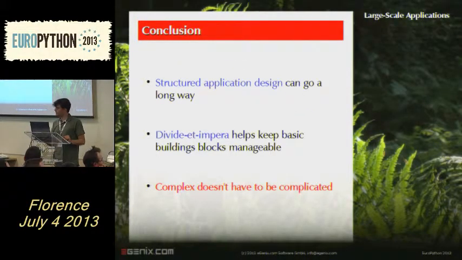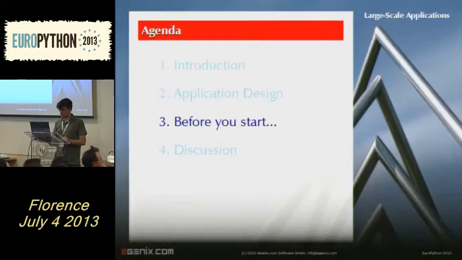So what's the conclusion? Structured application design can really help you. You can write complex applications rather easily. If you break things up into smaller pieces, it's actually manageable. You can implement very complex systems quite easily. And complex doesn't have to be complicated. So that's basically the end of the talk.